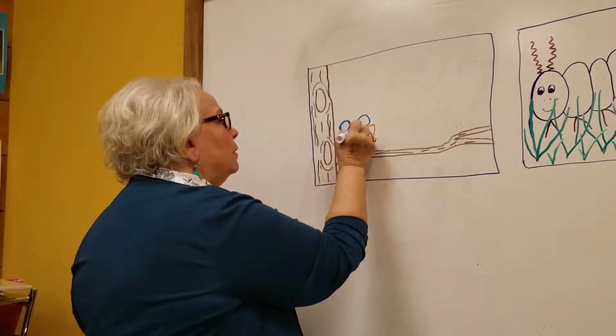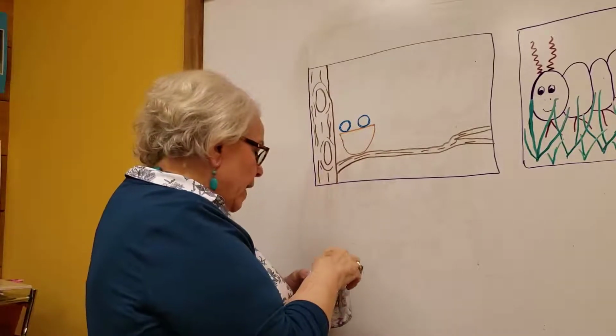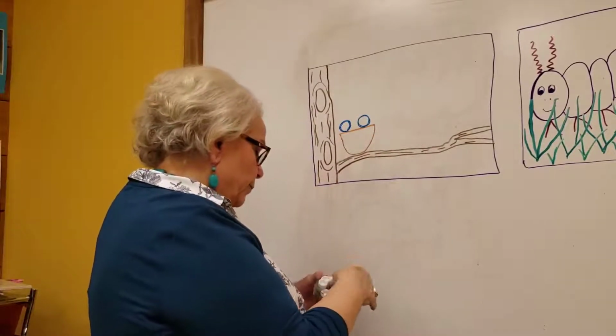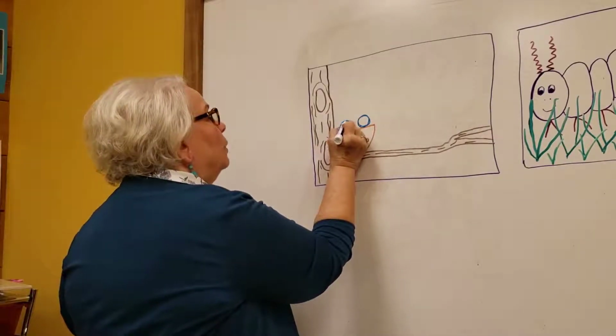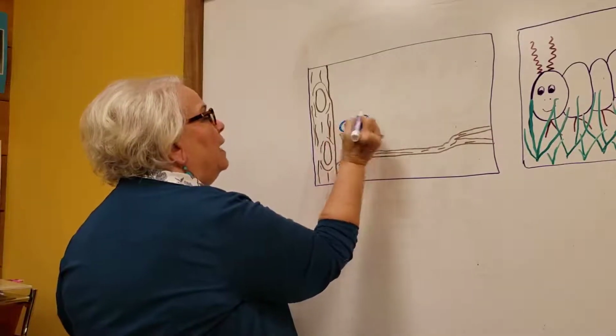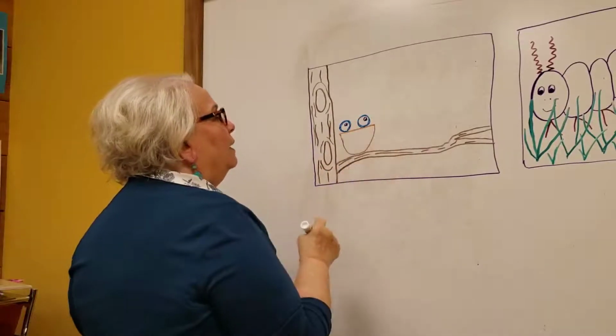A complete circle there and there, two of them. And then I'm going to make a little smaller circle and a little dot inside, and a smaller circle and make a little dot inside.